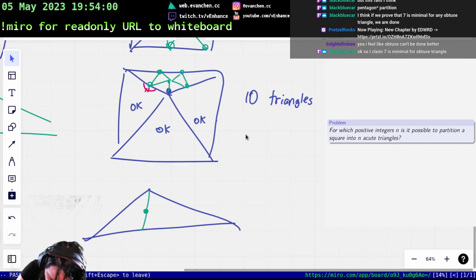We need this point to not have a 180, because if it was a 180 degree angle, that doesn't help us, right? If this goes all the way through, we've split an obtuse triangle into one obtuse and one.